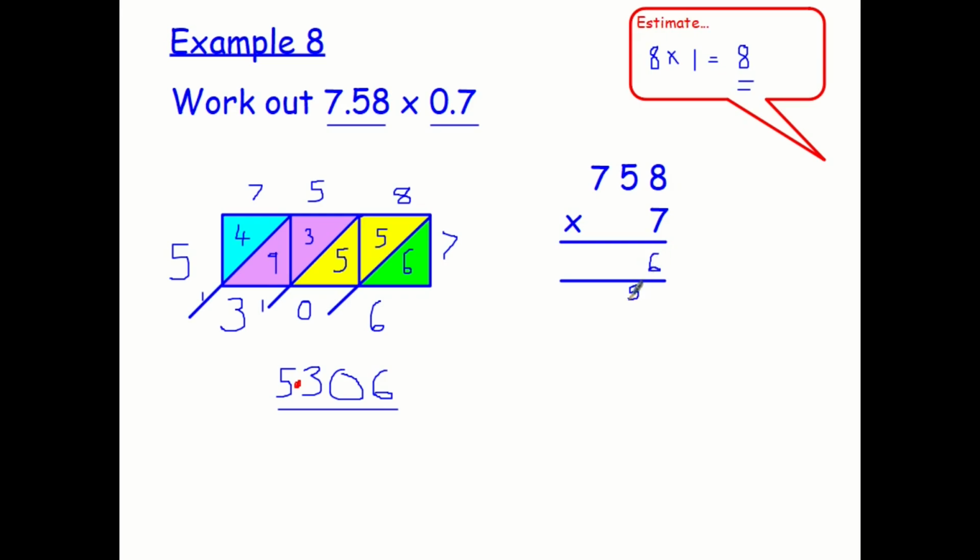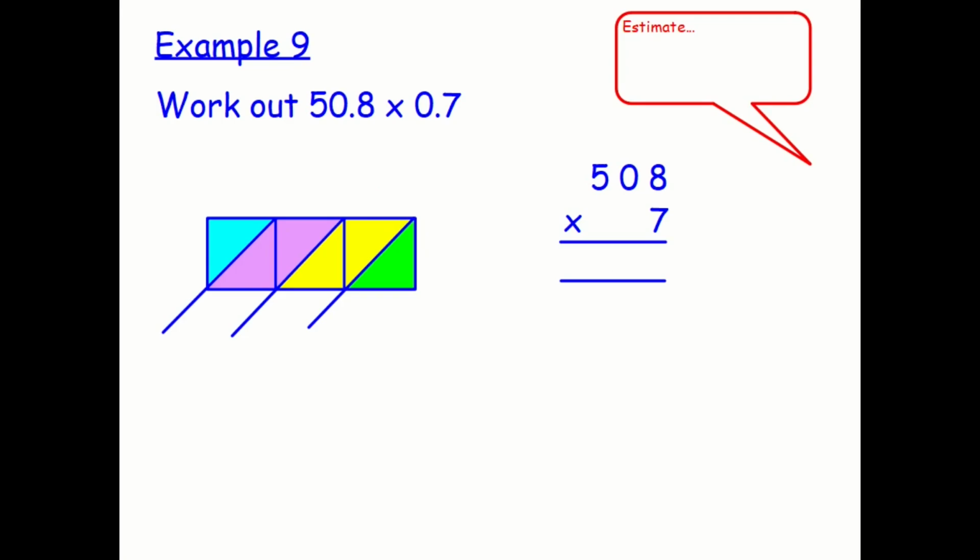Carry the 10s. 7 times 5 is 35, plus 5 is 40. And 7 times 7 is 49, plus 4 is 53. 5.306, so 7.58 times 0.7 is 5.306.